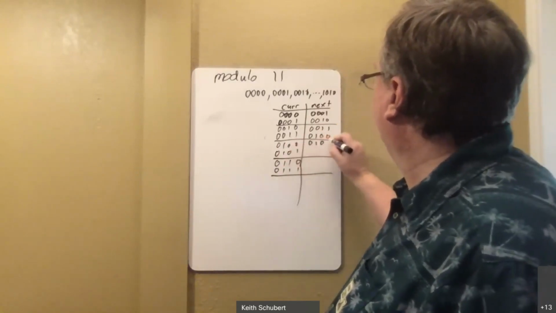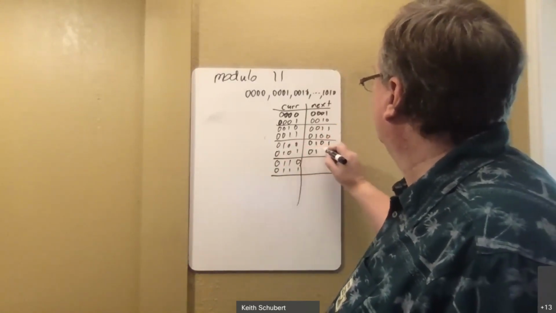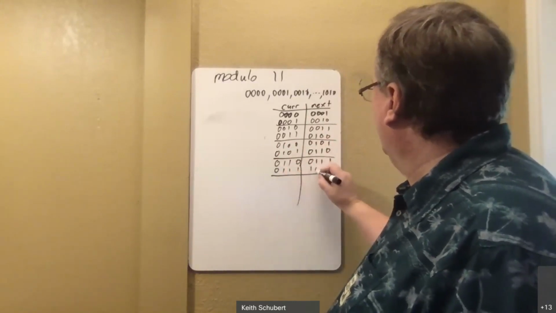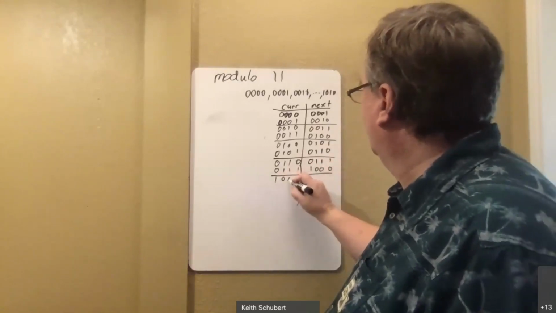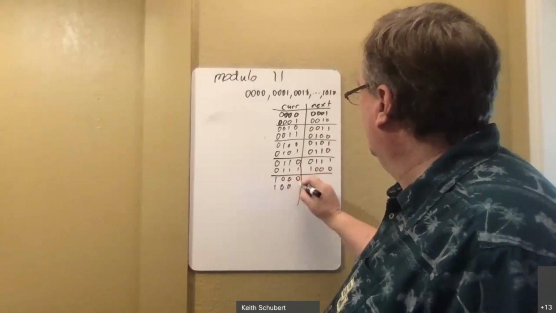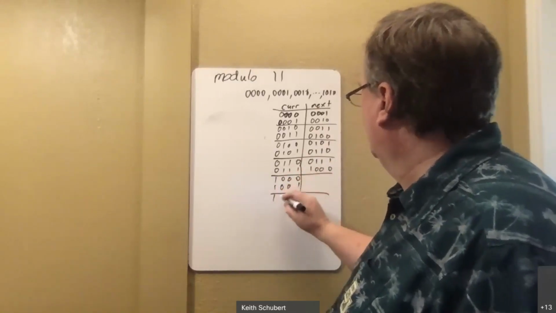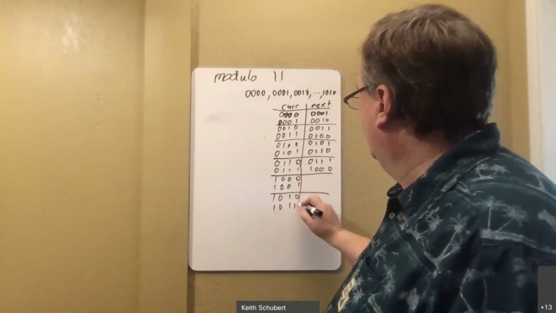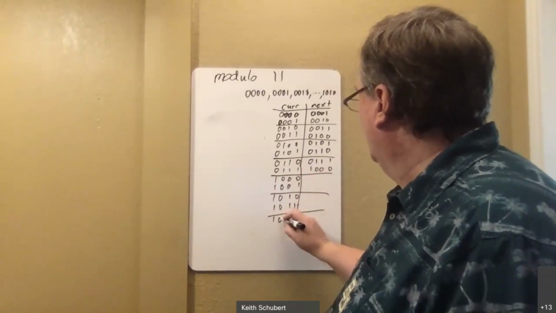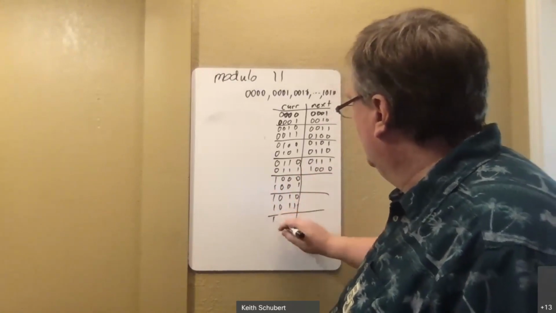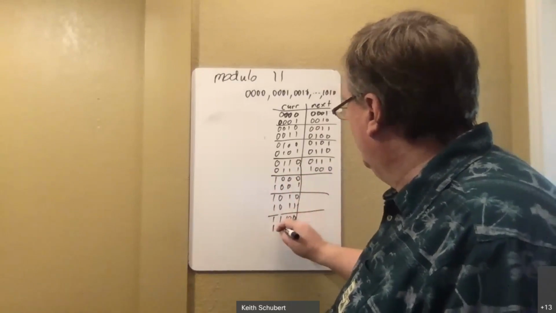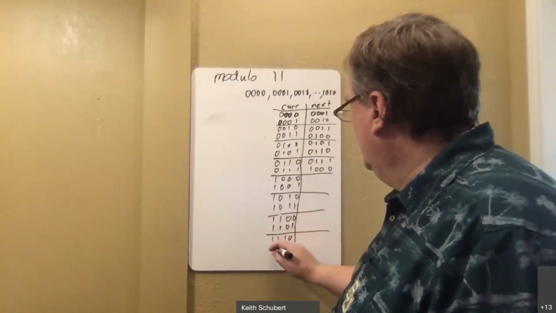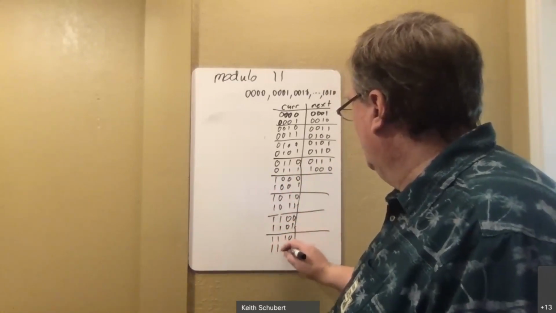Four, so the next is 5. 5, so the next is 6. 6, the next is 7. 7, the next is 8. 8, 9, 10, 11. Oops. 12, 13, 14, 15.